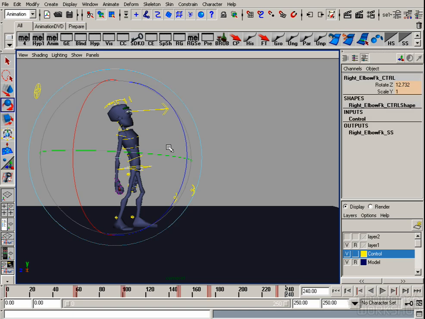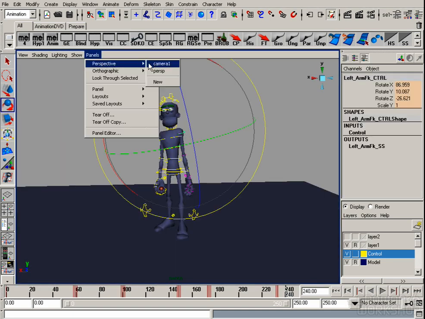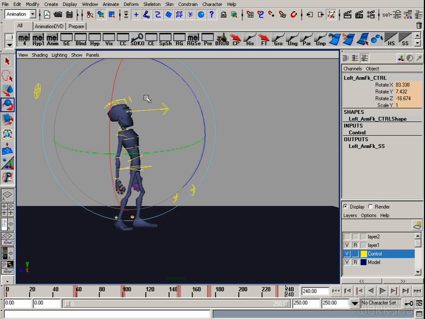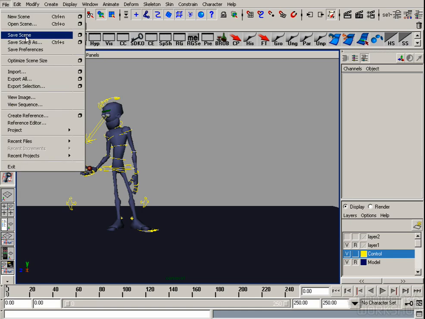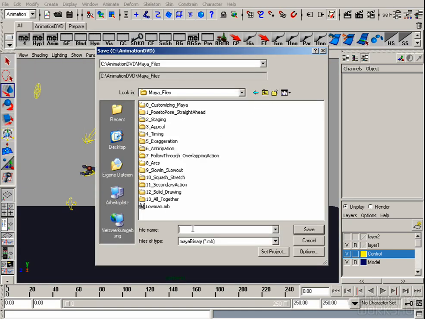Again, adjusting, moving, rotating all the controllers. And here you see again, I'm still not quite sure what to do with his left hand. I have no idea yet. Okay, so I will leave it like that for now. As I said before, I will take a look at it when I start the animation. So, I have to save it. I haven't saved it yet. That's basically very, very bad. But I can do it now.